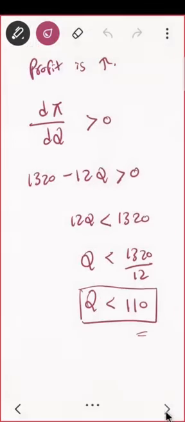Let us do one more. Question number 5. The cost of producing Q items is given as C is equal to 20 minus 2Q plus Q square. I'm not able to write here actually. Plus Q square. Okay, this is the cost function.